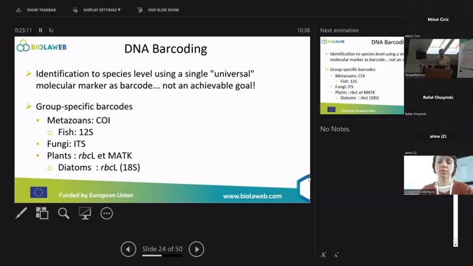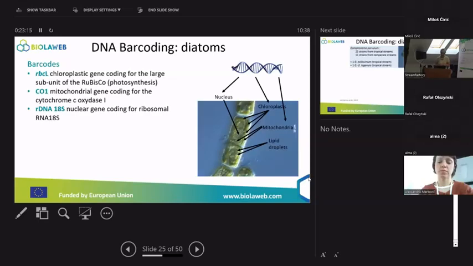So this is not the point here, but still I want to show you a study that we did, maybe more than 10 years ago, testing different barcodes that were available for diatoms. In a diatom cell, you have the nucleus, where you find the nuclear gene 18S, which codes for the ribosomal RNA 18S.